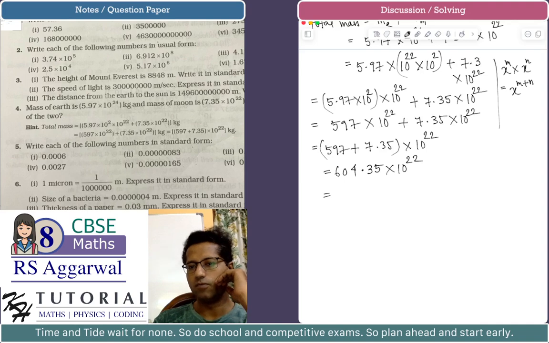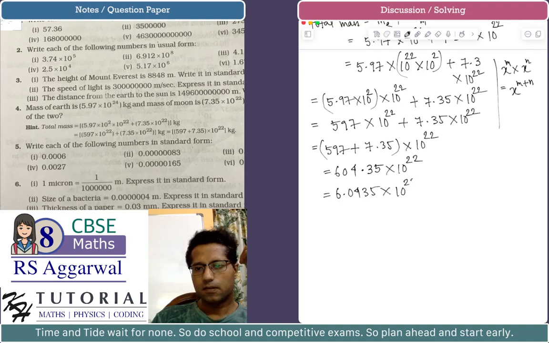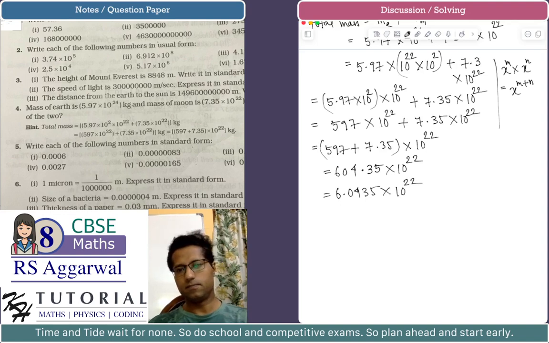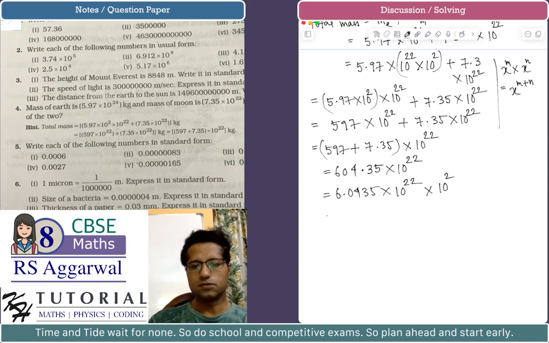So I have to shift the decimal point 2 places to the left, that is, I am dividing by 100. So I have to also multiply with 100, that is 10 square. So this is now equal to 6.0435 multiplied by 10 to the power 24. This is the total mass in standard form.